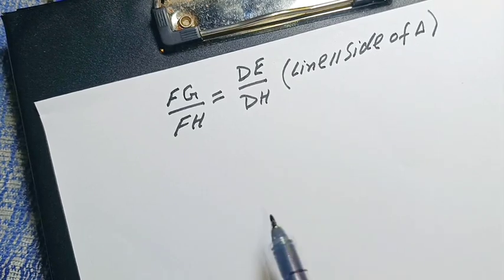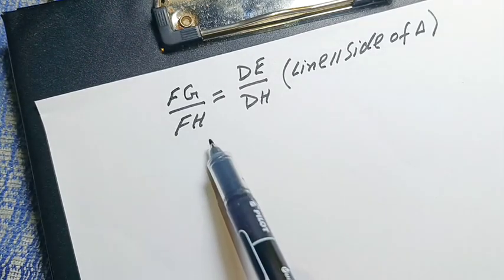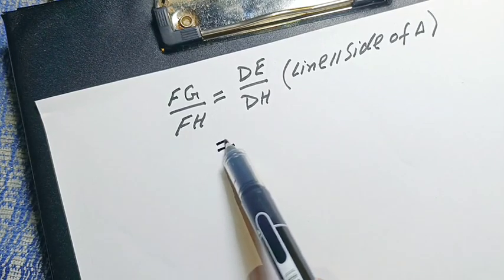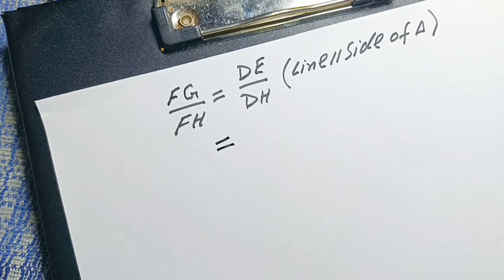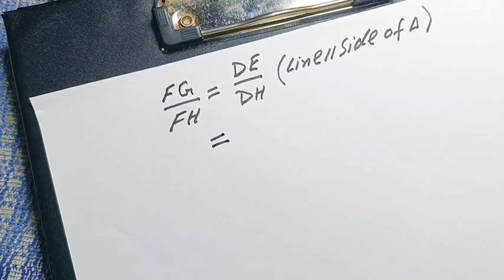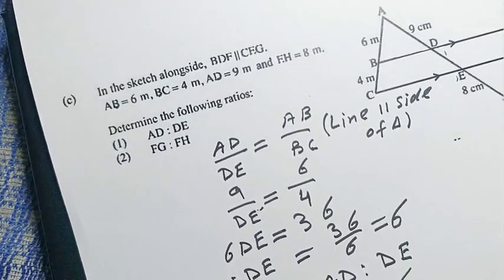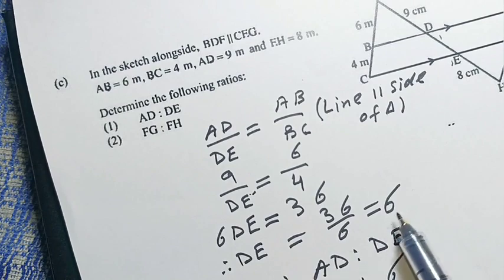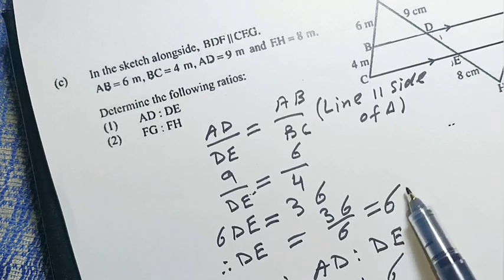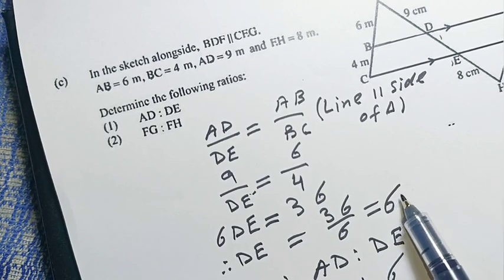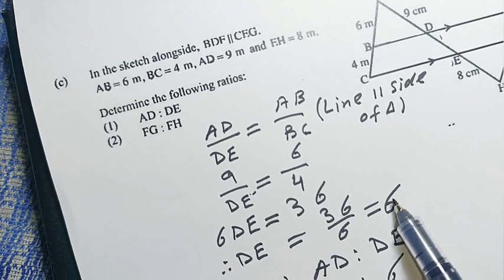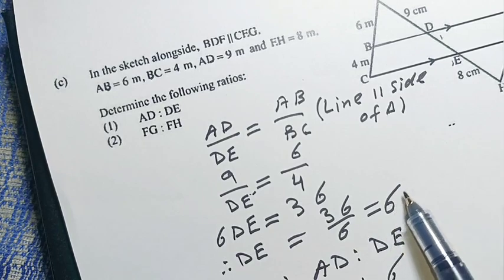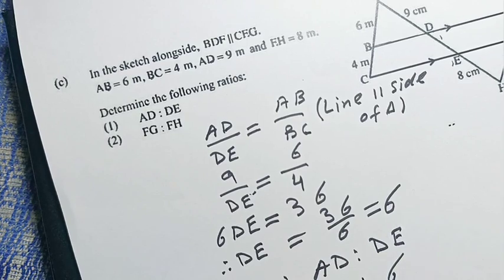Now FG we still need to find, and FH as well we don't have, but the DE we do have. DE, you must remember, you cannot use the DE that you found here, that's wrong. DE, the original one, 6, not the simplified one. The 6, this is the length of the side. DE 6, we're going to use this 6, not this 2.